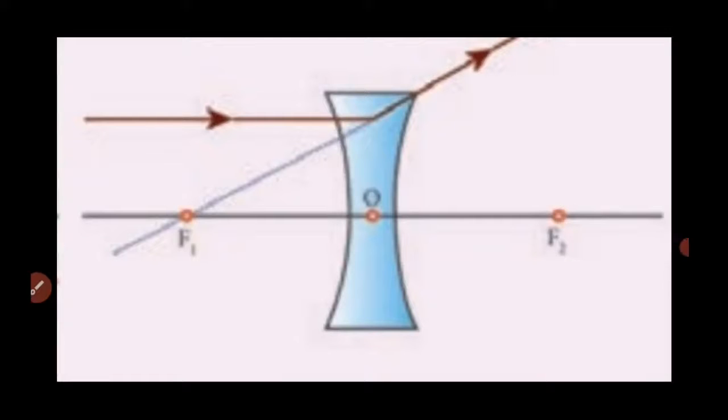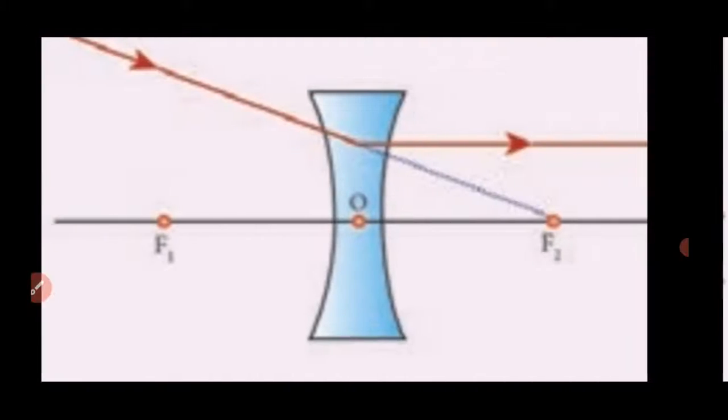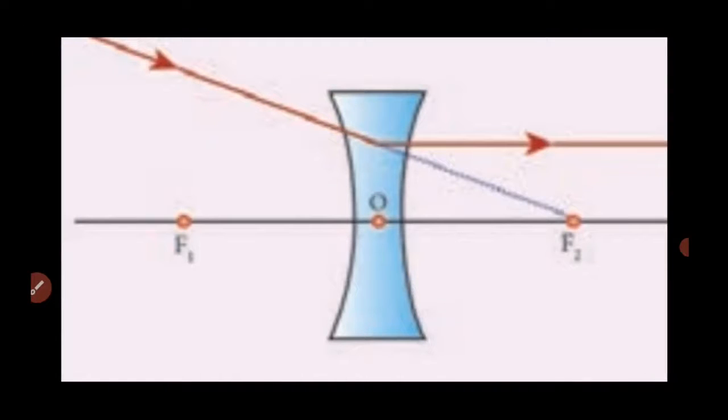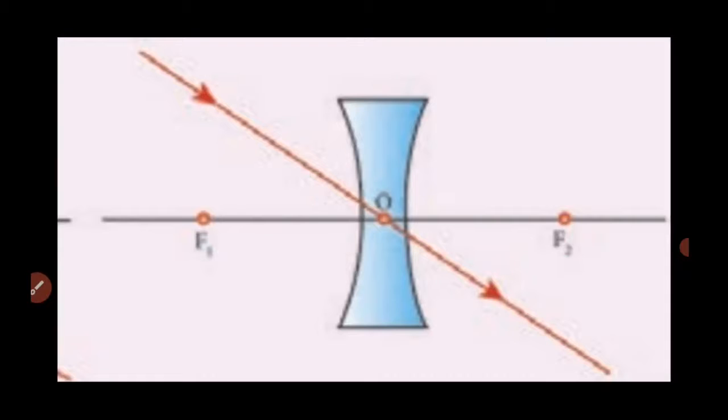Students, you have to follow three rules for image formation of a concave lens. Similar to the convex lens, there are three rules for the concave lens also. Rule 1: a ray of light which is parallel to the principal axis, after refraction appears to be coming from the focus. Rule 2: a ray of light going towards the optical center O of a concave lens goes straight without any deviation.